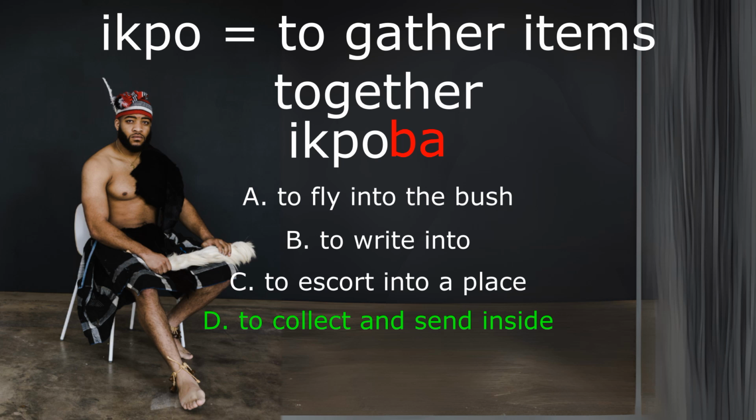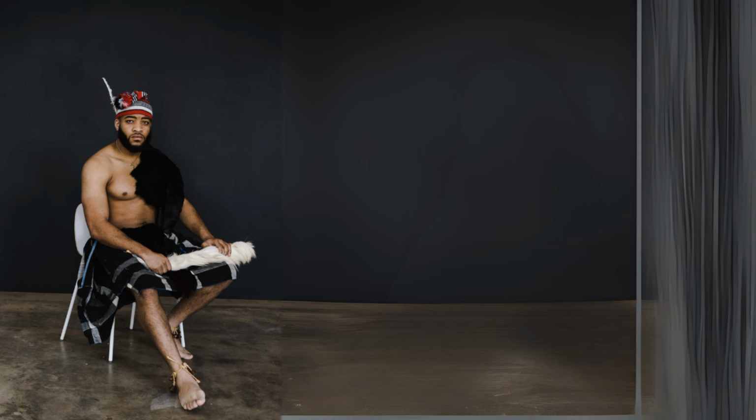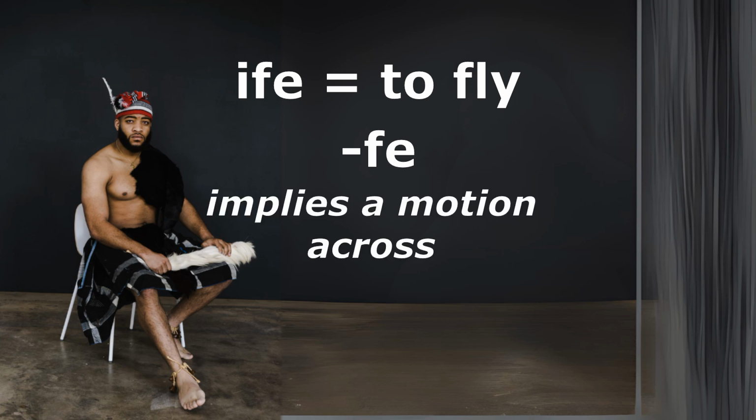Let us learn a new Igbo suffix. Do you remember that we said that the Igbo word ife means to fly? Well, think of the suffix fe as deriving from that concept. When added to an Igbo verb, it implies a motion across something.